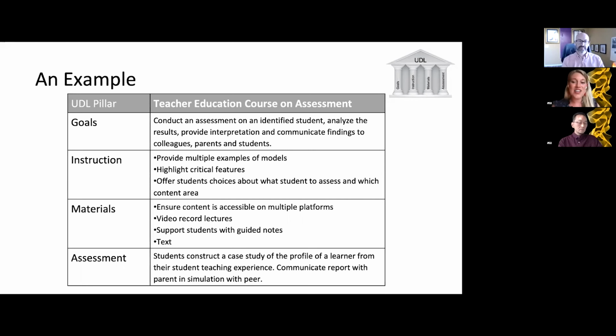And then in addition, while engaging in the instruction, I do allow for the students to make choices. They are all placed in different classrooms. And so they have knowledge of who their learners are and what their instructional needs are. And so I allow my students to choose which student they want to focus on.